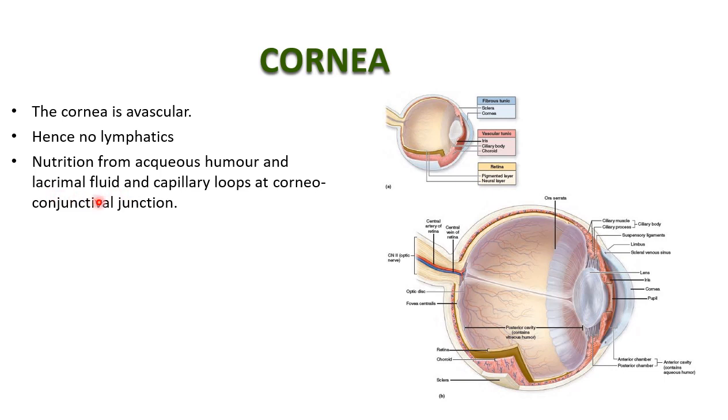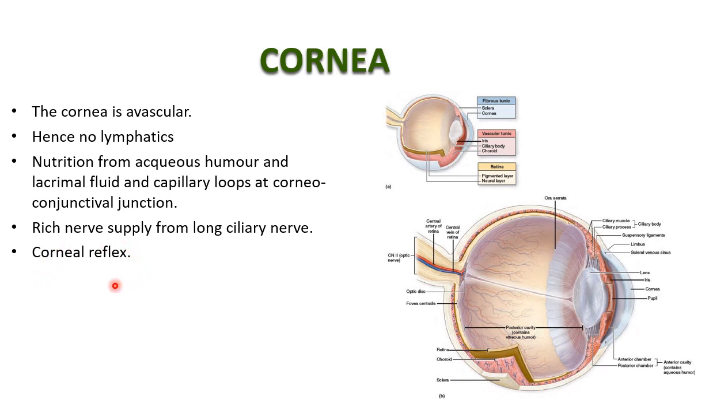Okay, and also from capillary loops at the conjunctivo-corneal junction. So as I told you, rich nerve supply from the branches of the ophthalmic division, that is the long ciliary nerves.